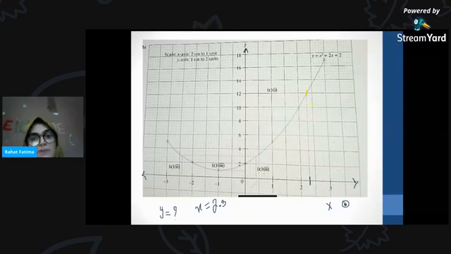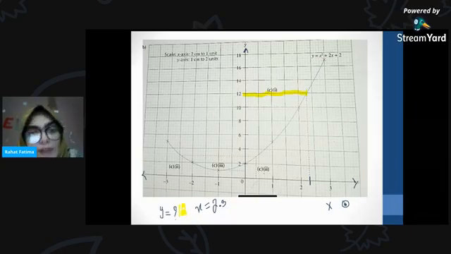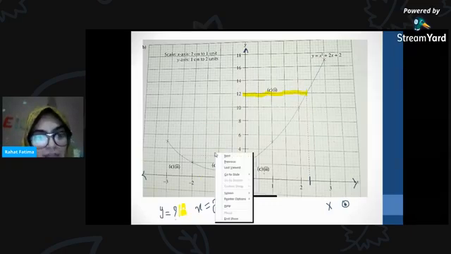Now I'm going to look for the y value, and my y value is 12. So in this way, I got to know that my value of y is 12 when x is equal to 2.3, right?